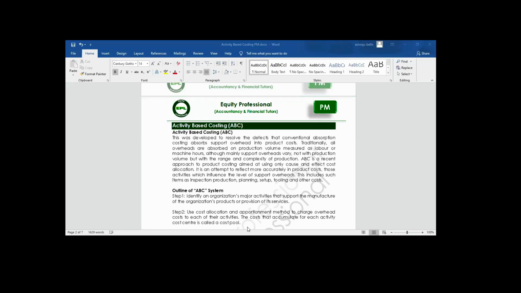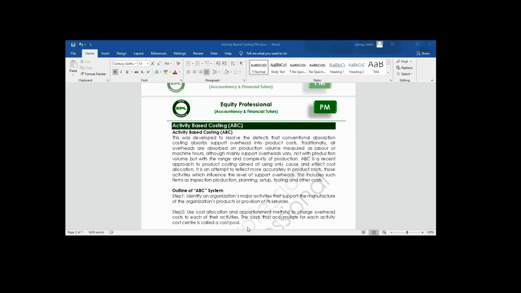Examples of indirect cost are indirect material cost, indirect labor cost, and indirect expenses.